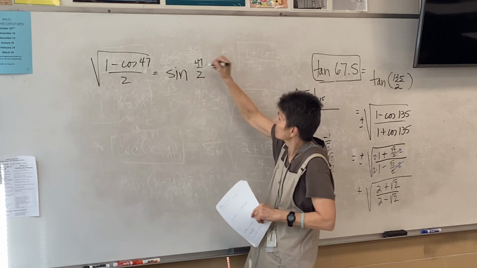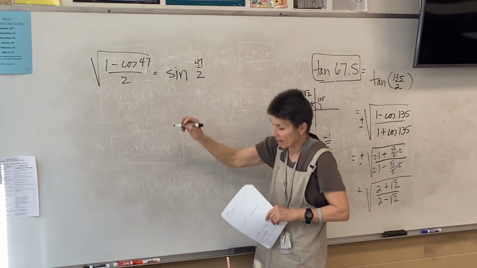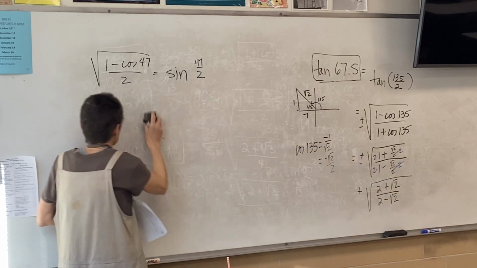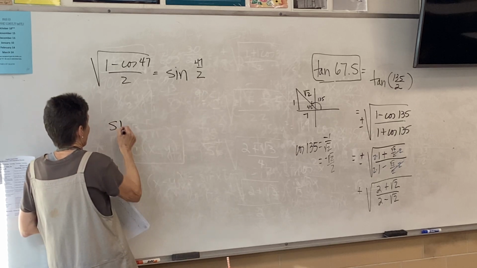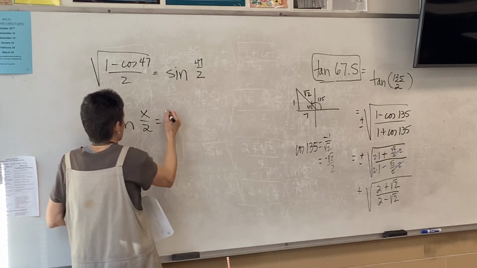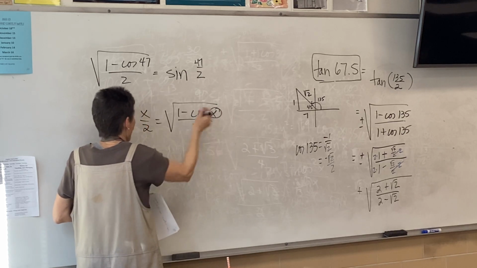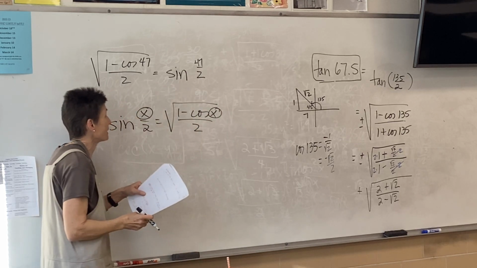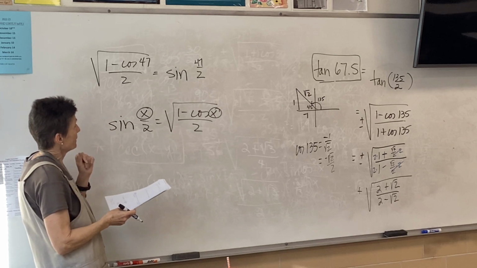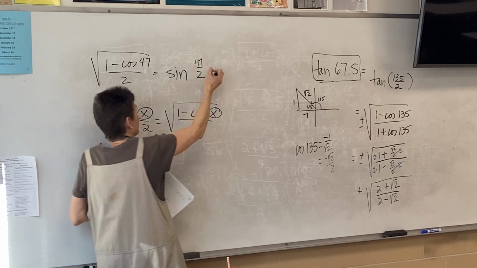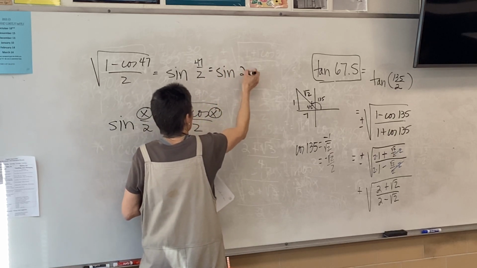So that is 47. Because my formula says, let me write my formula out. Sine x over 2 equals the square root of 1 minus cosine x over 2. So that x are the same thing. So this is the formula for the sine of 47 over 2, which is the sine of 23.5.